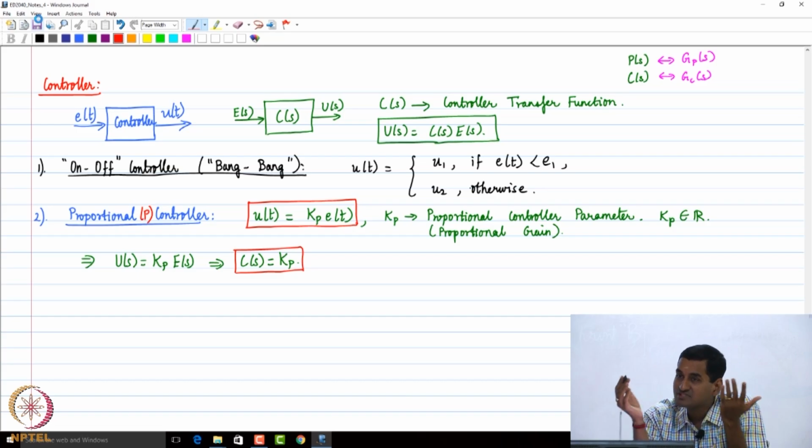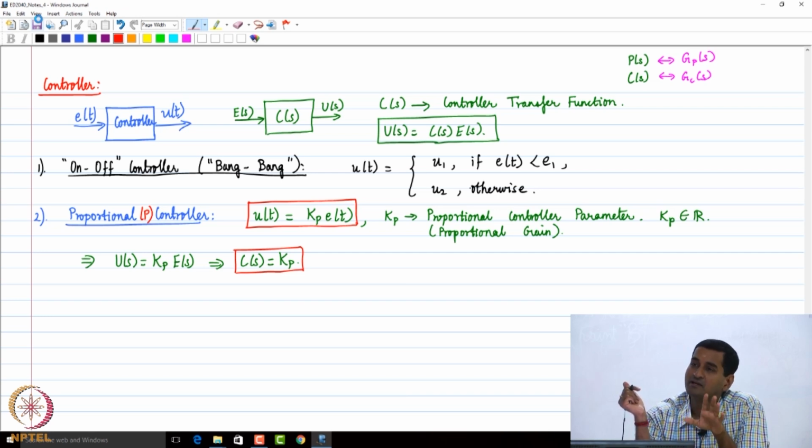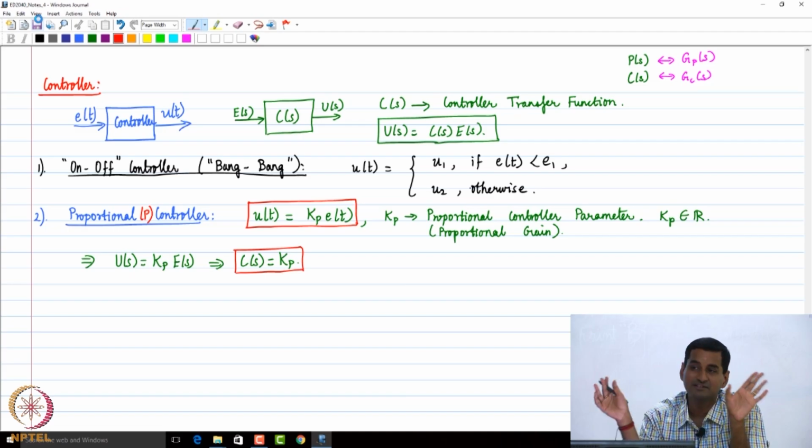Suppose the room's model structure is of a certain type, we will look at what this type is as we go along. It may so happen that I may never be able to reach 25 degrees Celsius. I can maybe go to 24.5 or 25.5, and my temperature will settle down there.